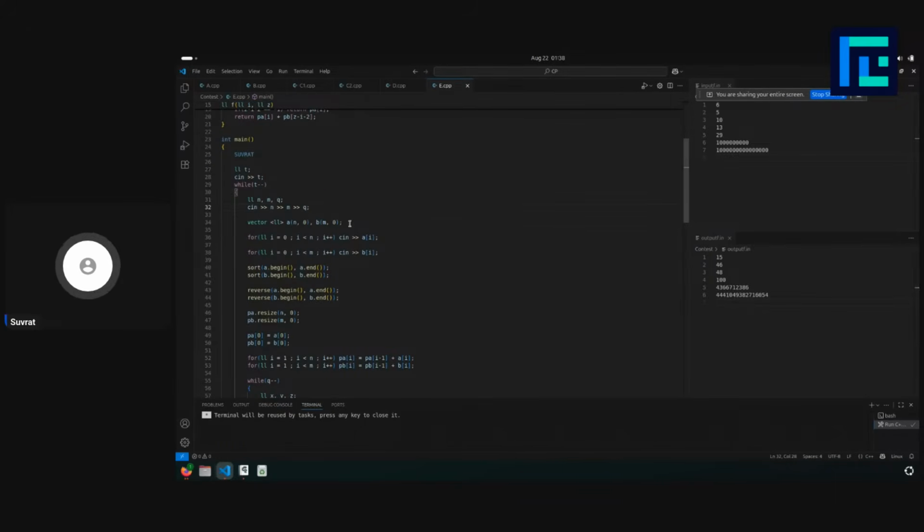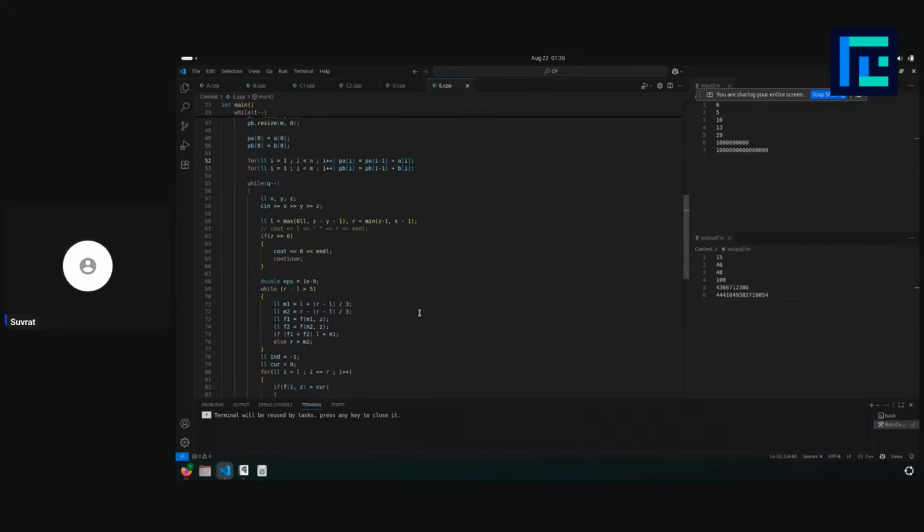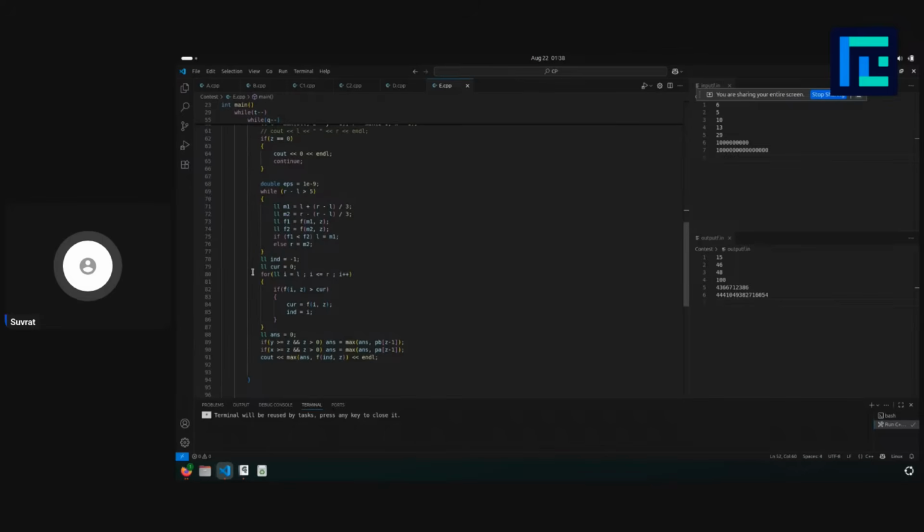Basically input n, m, input a, b, then sorting a and b, reversing them, and taking the prefix sums pa and pb. Then this is my logic for ternary search. That epsilon is not needed. Basically M1 and M2, then the value at M1 and the value at M2. I'll show you guys the function as well.